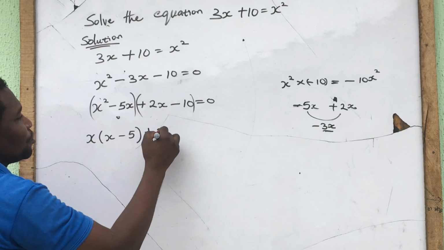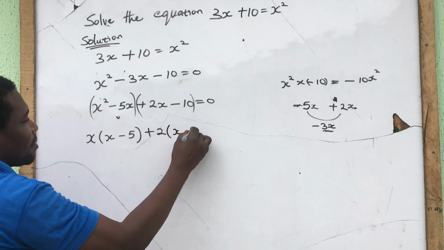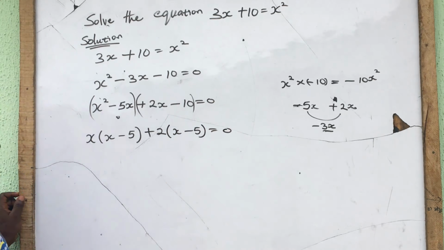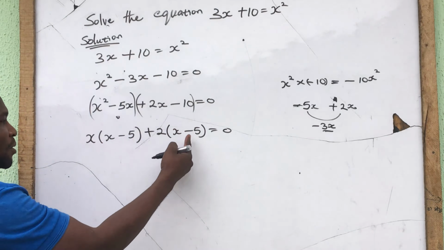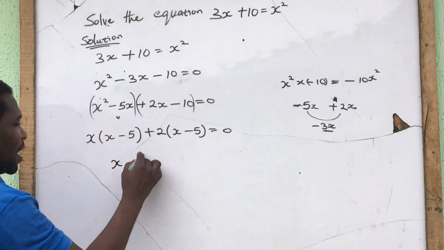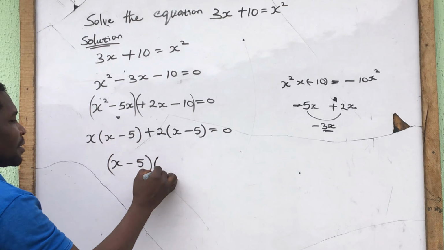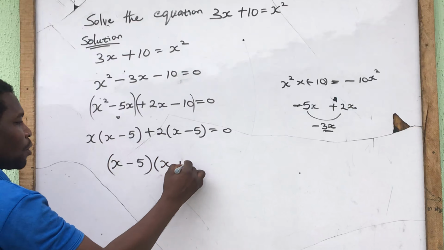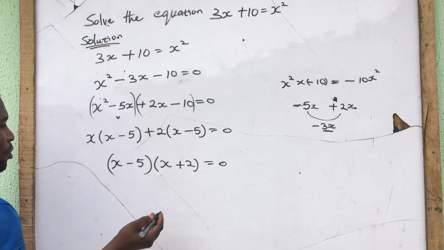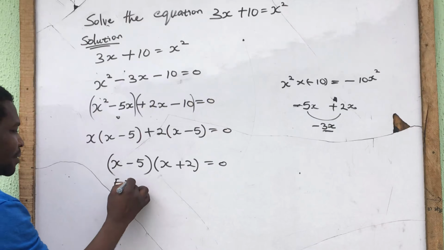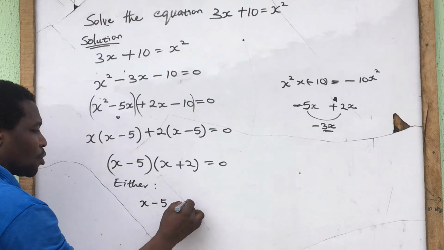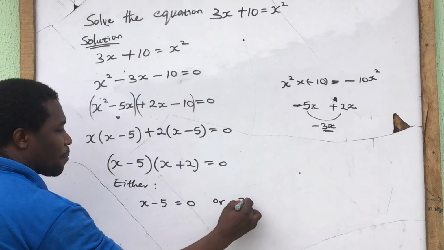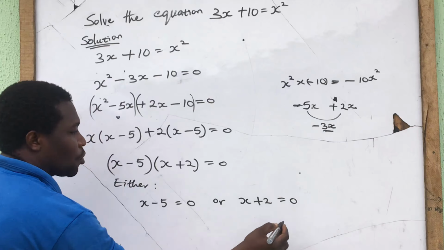I'm going to have 2 into x minus 5 equals 0. From that, we have a common factor here as well, x minus 5. So this is x minus 5 times x plus 2 equals 0. So either x minus 5 equals 0 or x plus 2 equals 0.